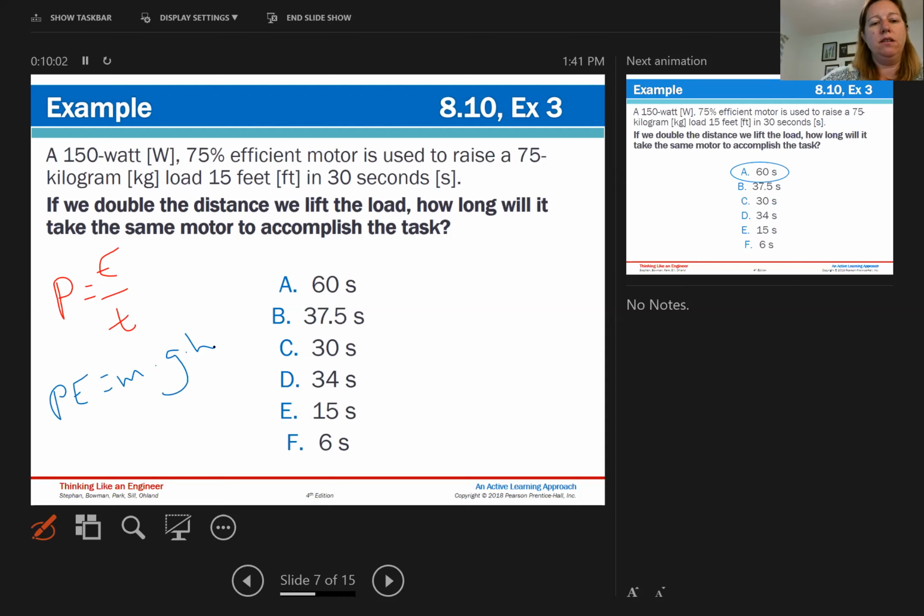So if we take this height and double this, it means that our energy doubles. So then what happens?